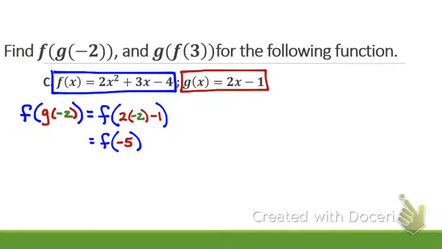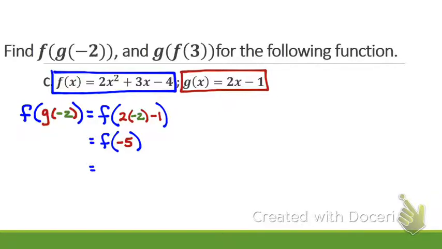Miles, do you follow where we got the -5 from? Yeah. You doing okay, Gavin? What is my function f? 2x squared plus 3x minus 4.